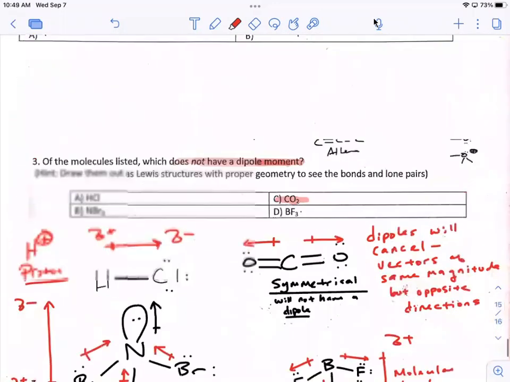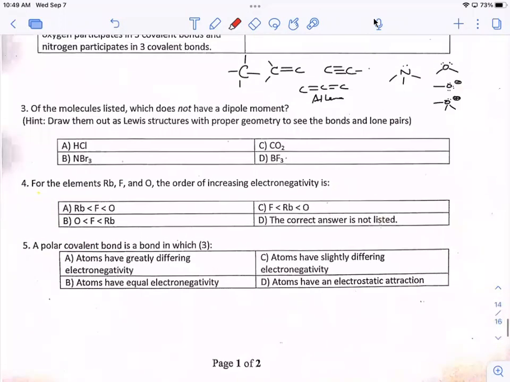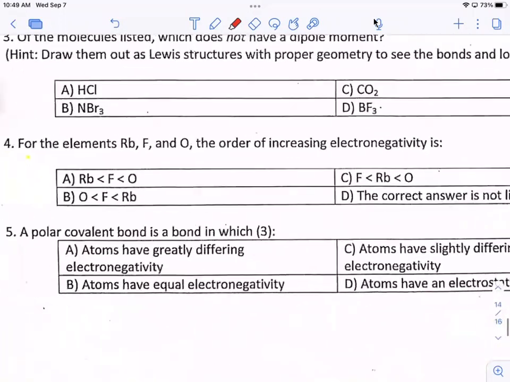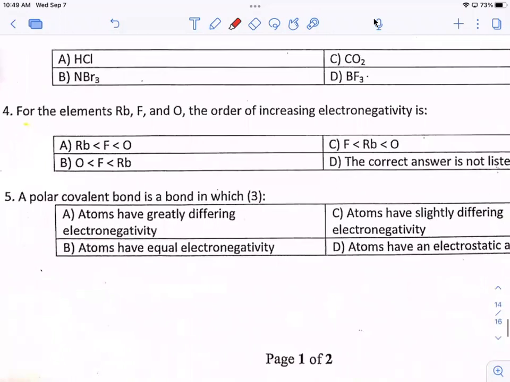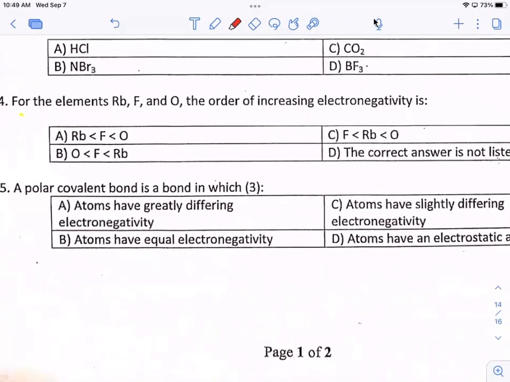All right, let's see if we can knock out, never mind, we can go back to here. It says for the elements rubidium, fluorine, and oxygen, rank in order of increasing electronegativity.